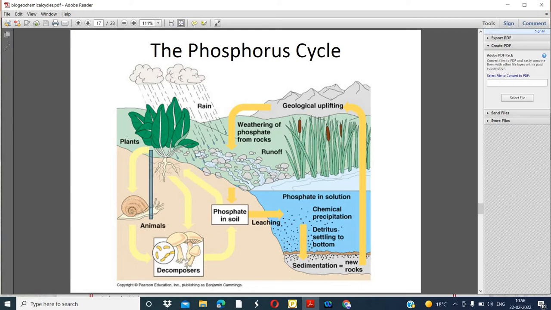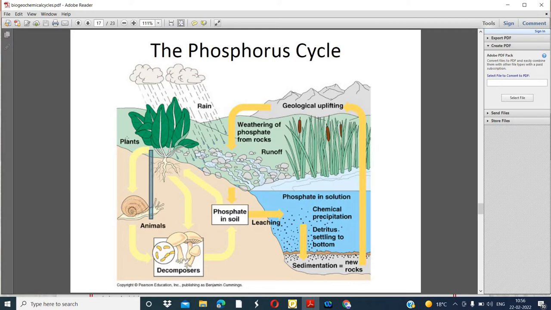At the sea bottom, in the figure you can see phosphate is also in solution. So aquatic animals like fishes can utilize the phosphorus present at the sea bottom.